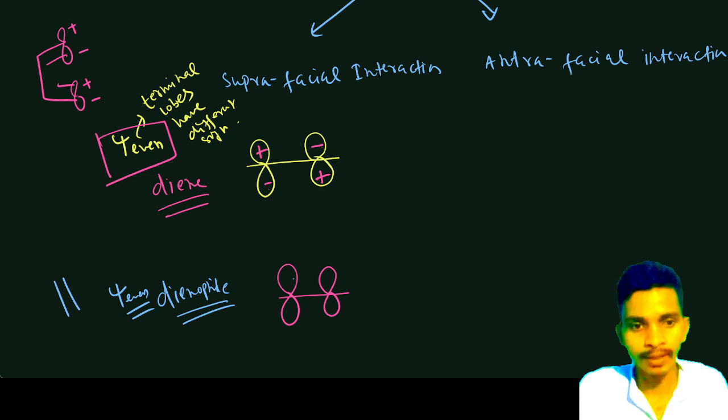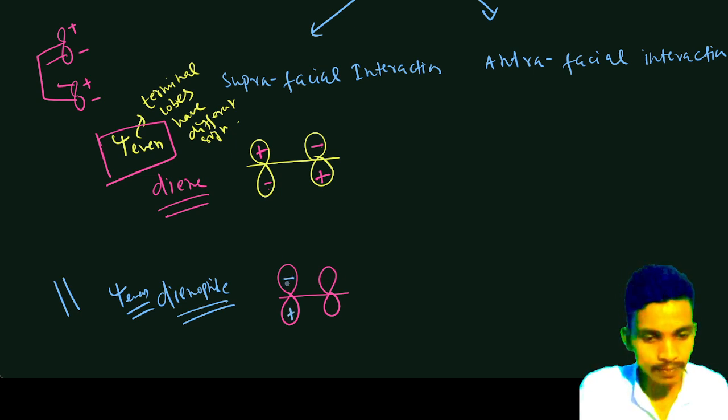So we can say that this is negative and this is positive, then this has to be the opposite, that means positive, and this is negative.